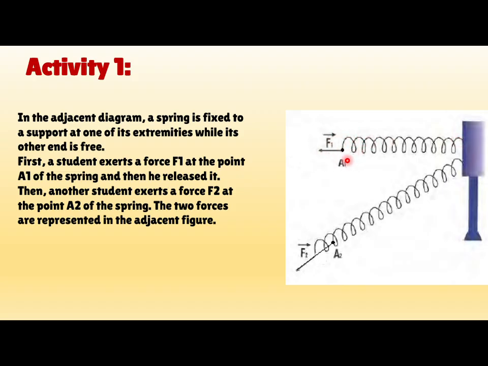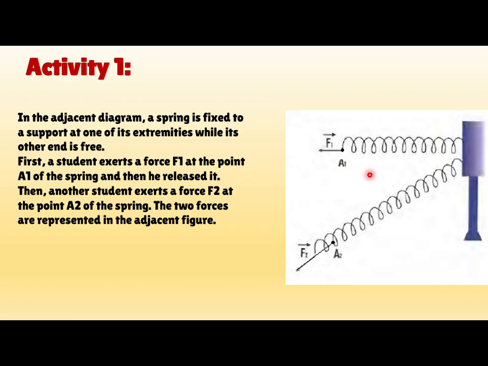First, a student exerts a force F1 at the point A1. So we have a student, he exerts a force at the point A1. The force is called F1, and then he releases it.